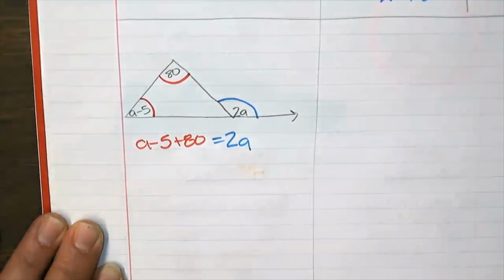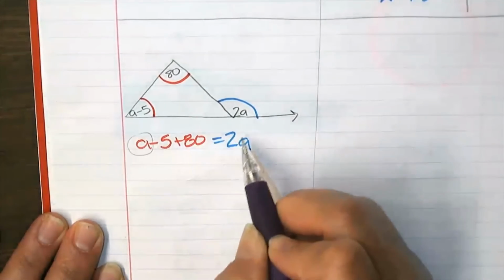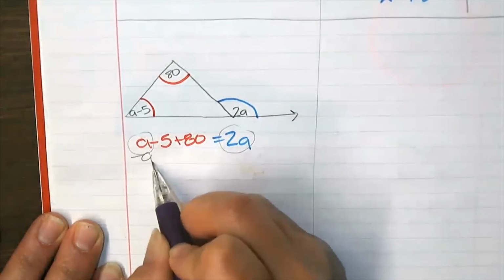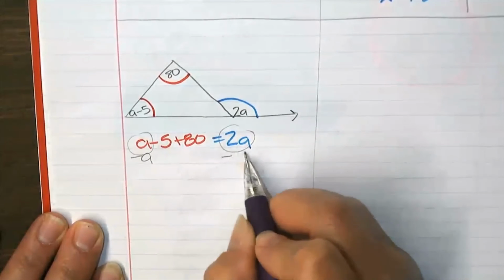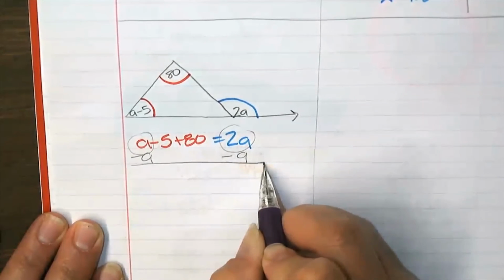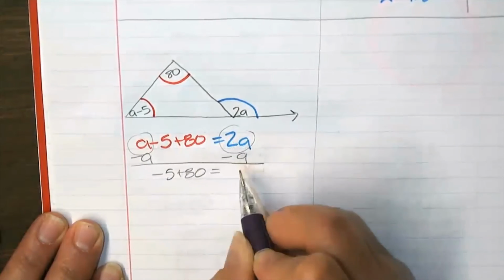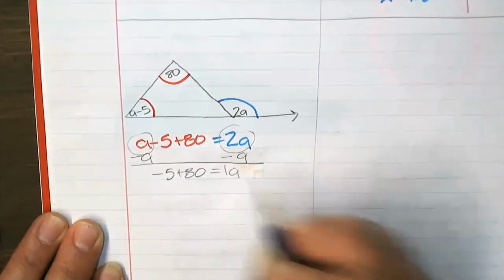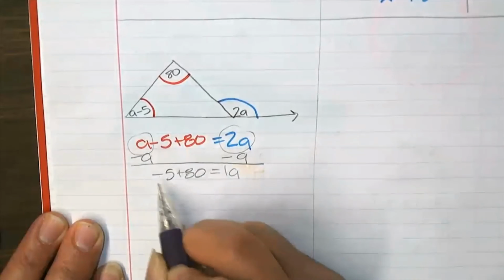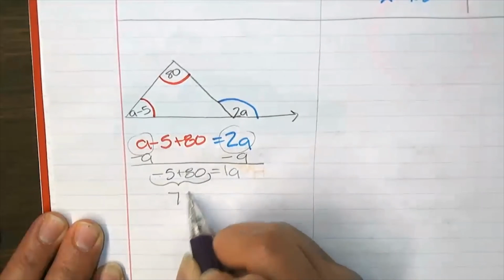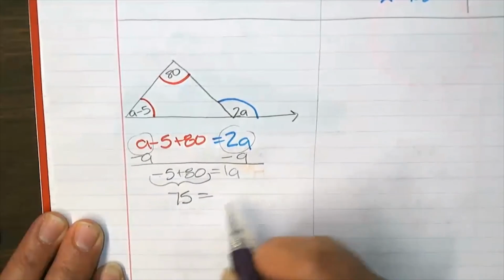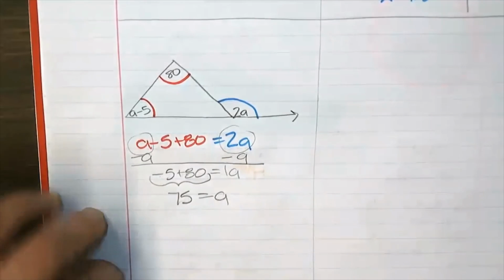So we need to combine our like terms. We're going to subtract A from this side. What I do to one side, I must do to the other. So I have negative 5 plus 80 equals 1A. Negative 5 plus 80 is 75, and 1A is represented by A. Boom.